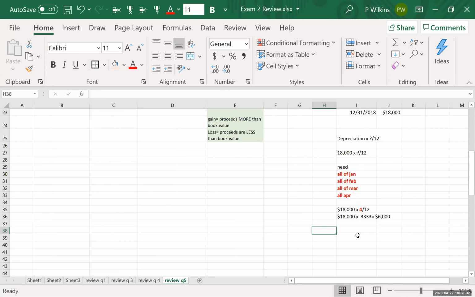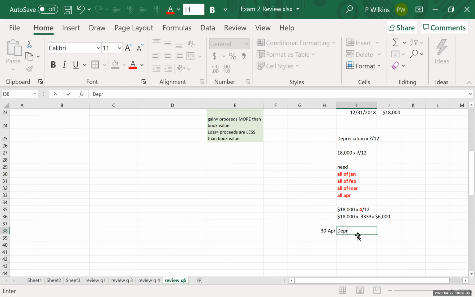So on the date of the sale, April 30th, first thing we do is bring that depreciation current. So we're going to debit depreciation expense, $6,000. And we're going to credit accumulated depreciation equipment, $6,000.